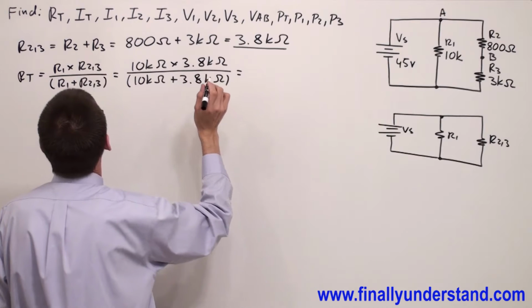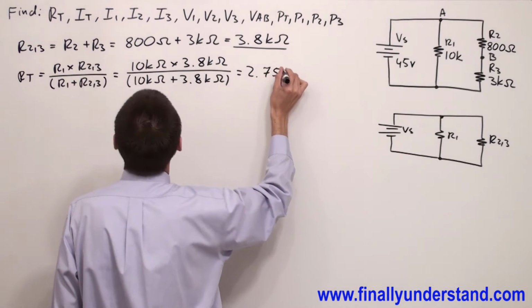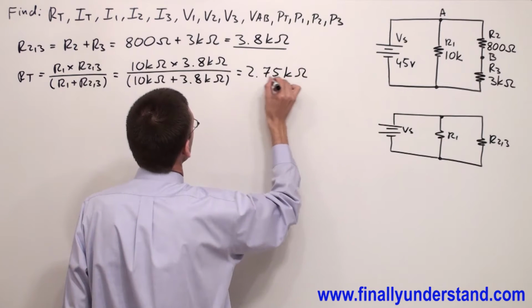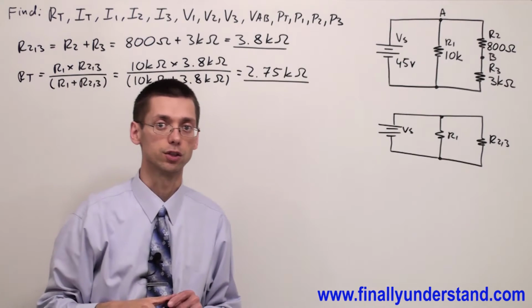So everything is equal to 2.75 kilo ohms. Okay, so this is the total resistance of my circuit.